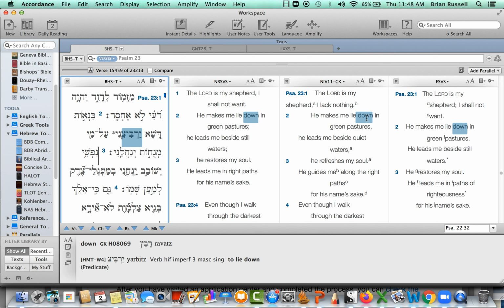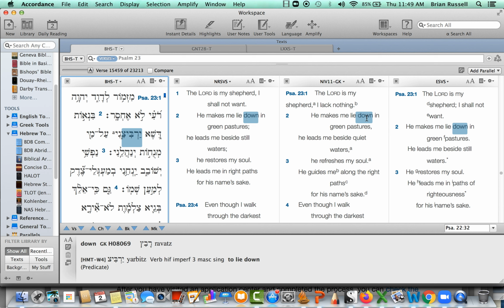This is the first type. So a verb that just means lie down, which is an intransitive verb, becomes a transitive verb with a causal dimension in the hifil. And so it's not just he lies down, it's he causes me to lie down, or he makes me lie down.